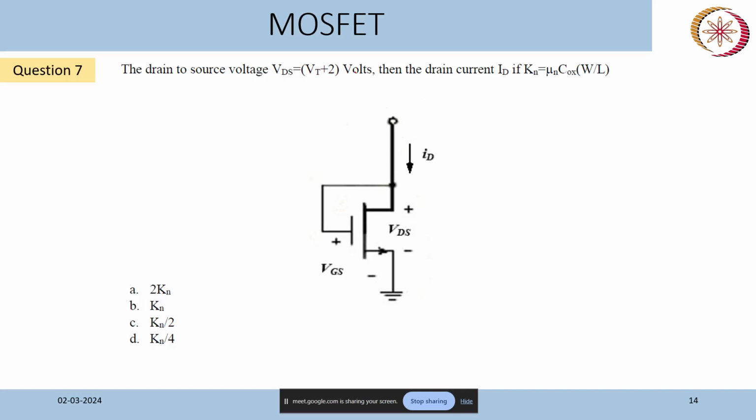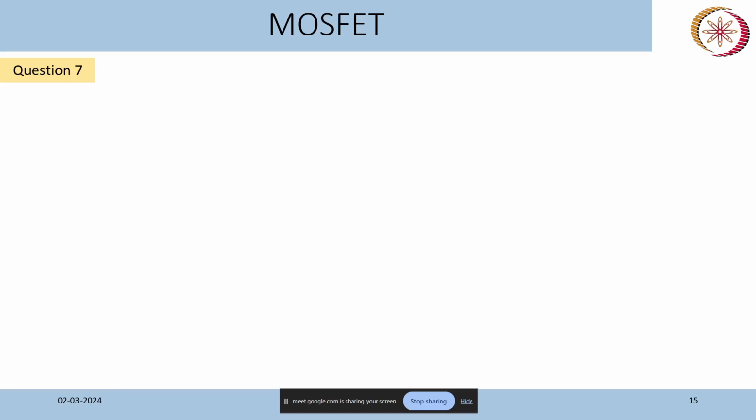What is the drain current ID in terms of Kn, where Kn is mu n COX W by L? These are the device parameters. So how will we do this question?